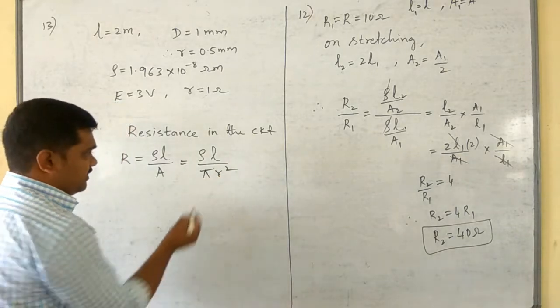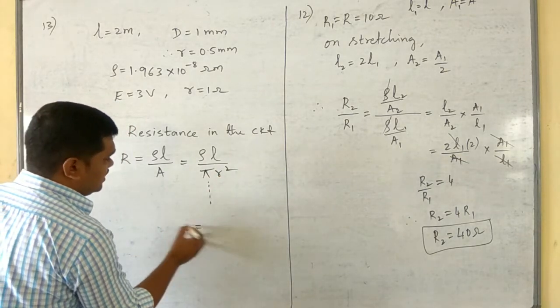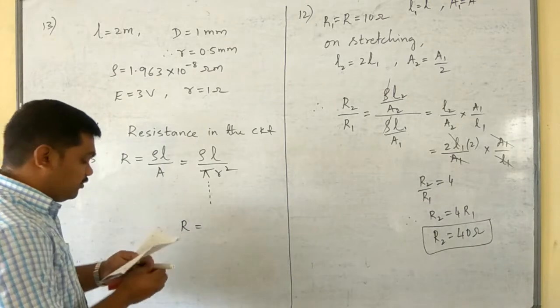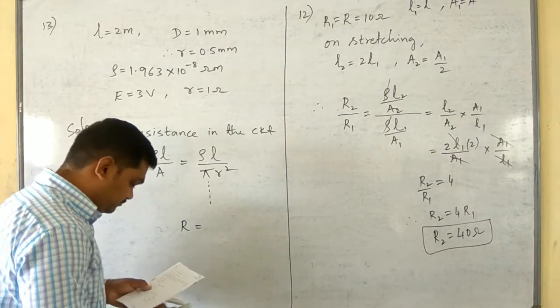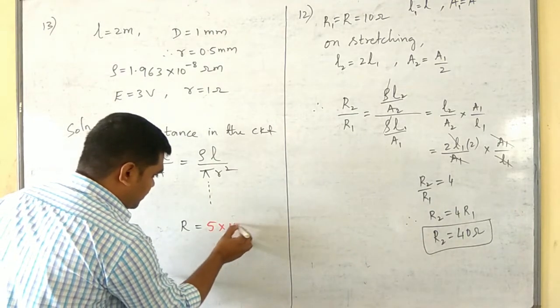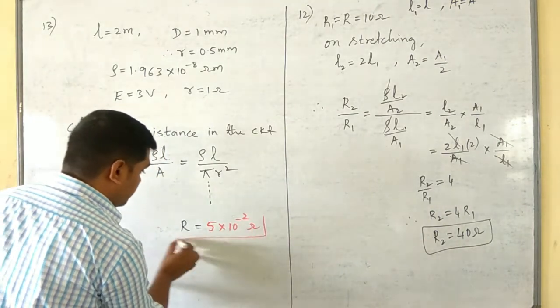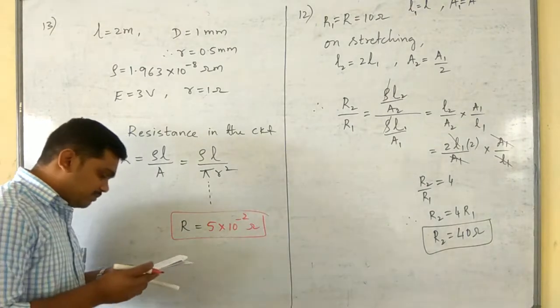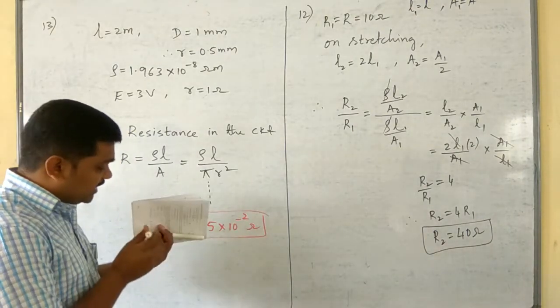So substitute the values and you get the value of R: 5 into 10 power minus 2 ohm.